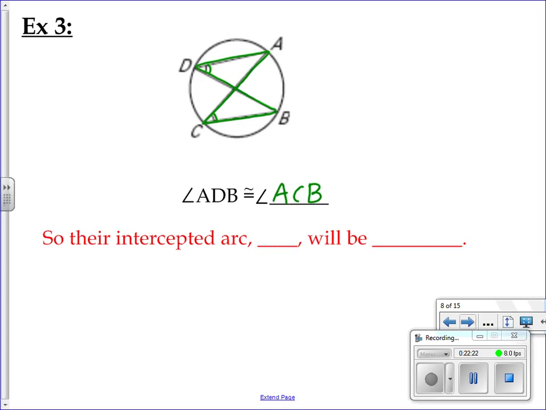So since they are congruent angles, and they do share arc AB, their intercepted arc AB will be the same. So I'm just making up a number. If this arc's 80 degrees, what are each of those angles going to be? 40.